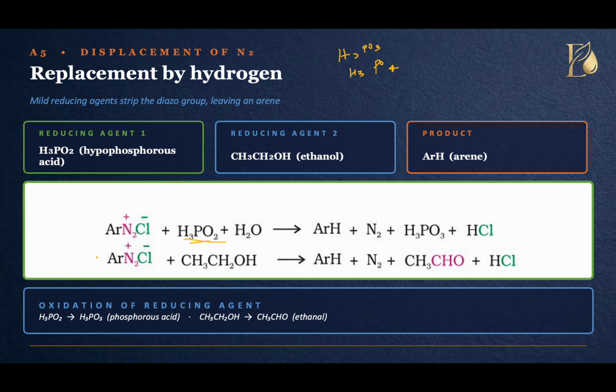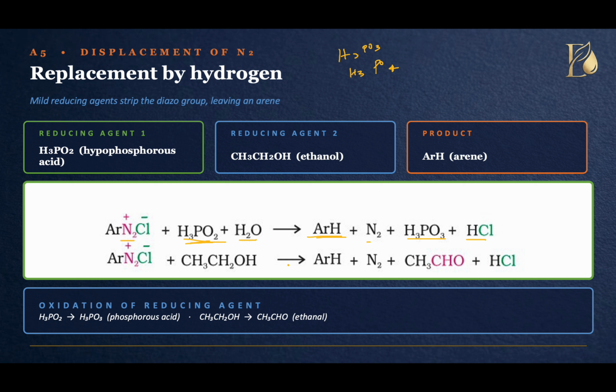On treating aromatic diazonium chloride with hypophosphorus acid and water, it will produce benzene. If this is a benzene ring, it will replace the diazo group with a hydrogen atom and produce the simple aromatic compound, along with N2, H3PO3 and HCl.